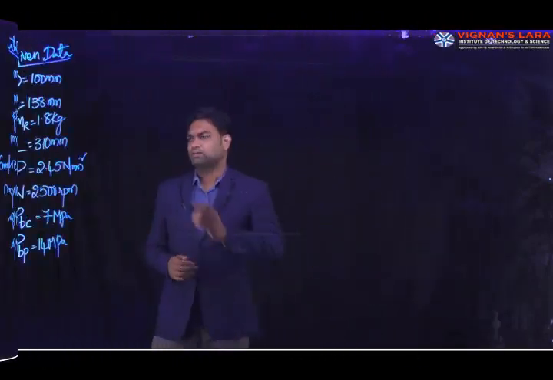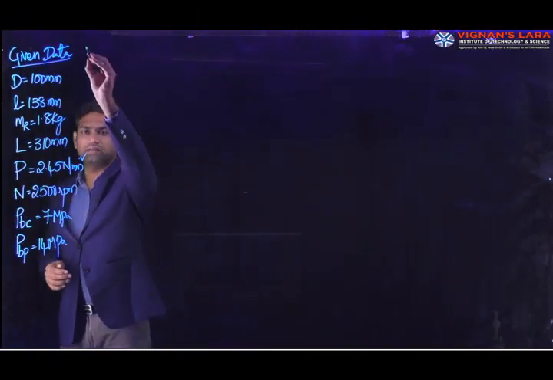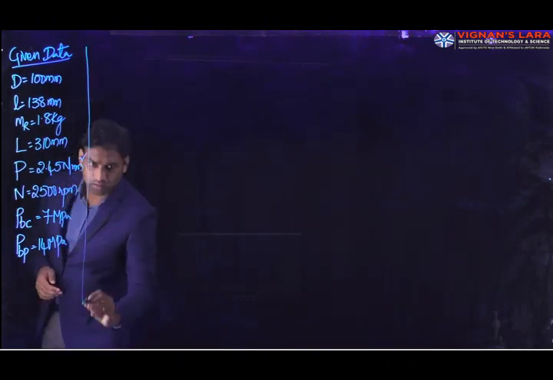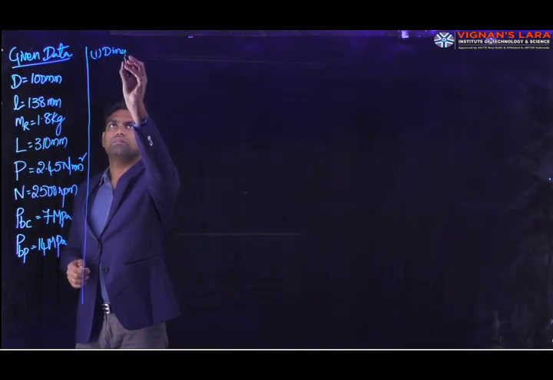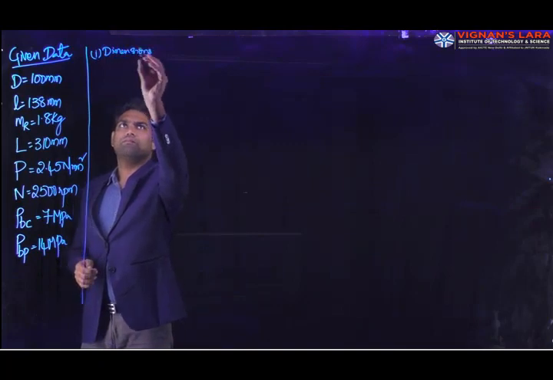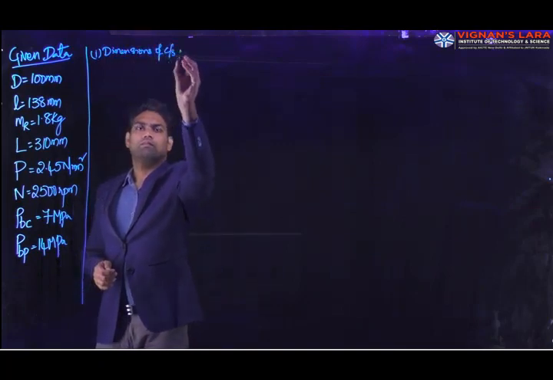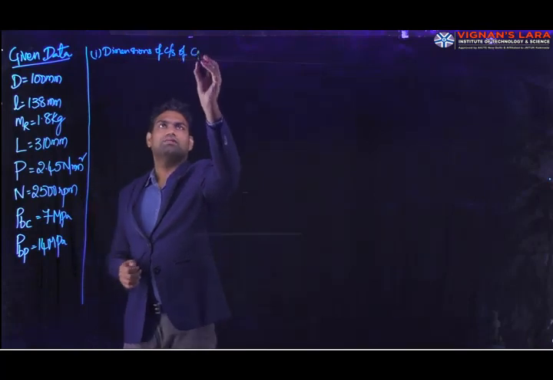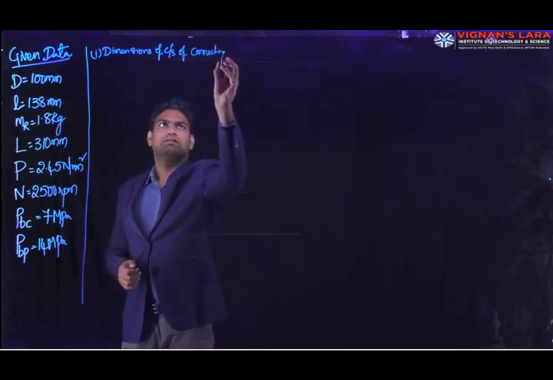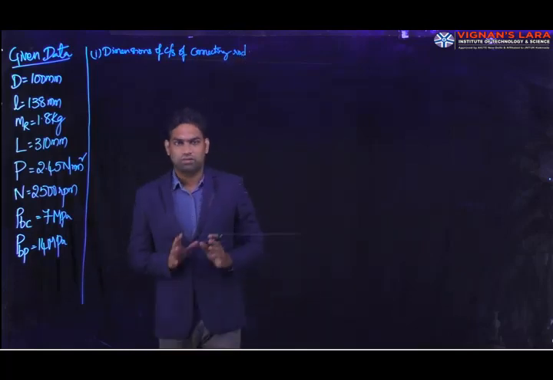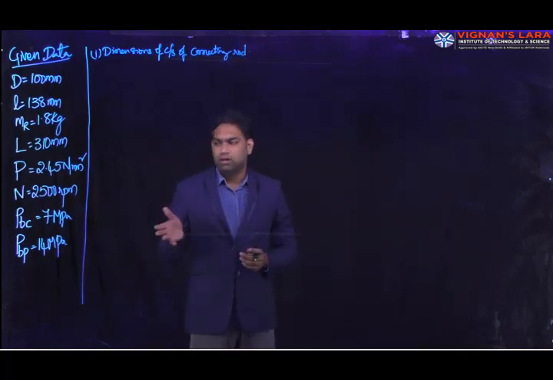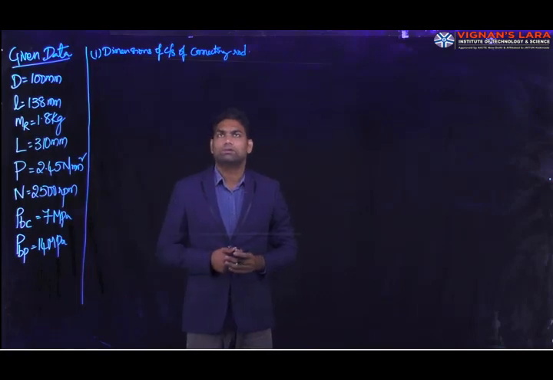In the design, first of all, step number 1, we need to calculate the dimensions of the cross section of the connecting rod. Here the cross section is not mentioned in the data, so we need to specify appropriate proportions for that.